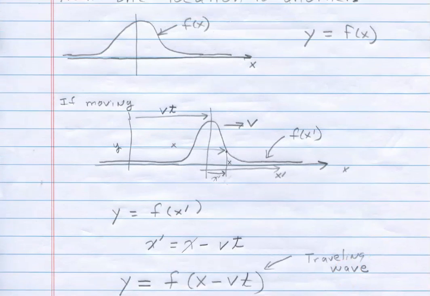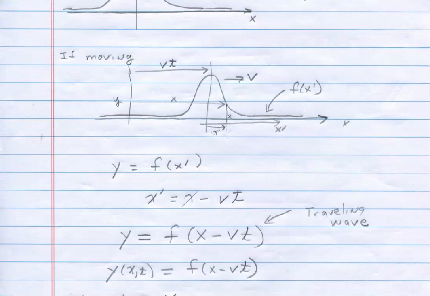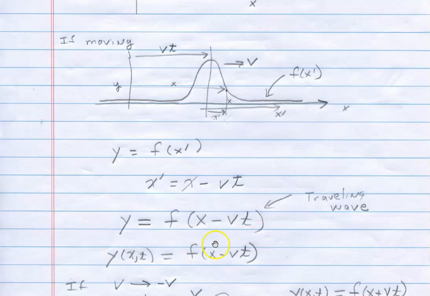But tsunamis or tidal waves like this can go for very long distances and maintain their form, certainly many kilometers, even hundreds of kilometers in certain configurations. Now, if you look at that, y is now a function of not only x but also t.